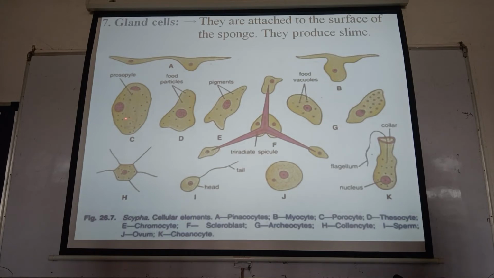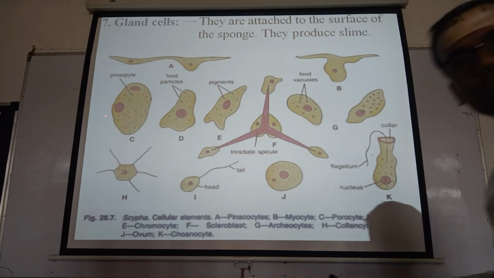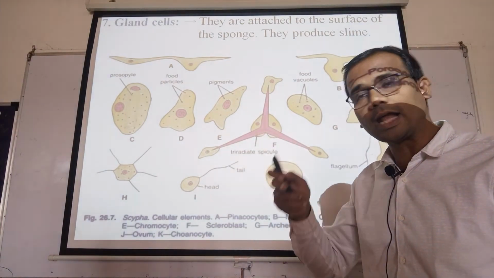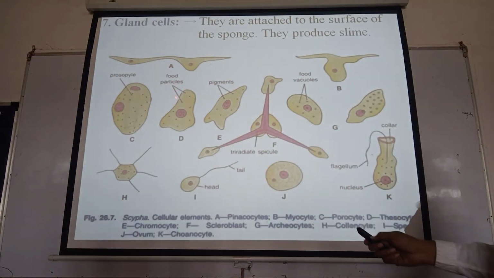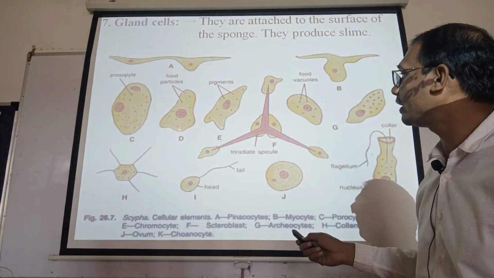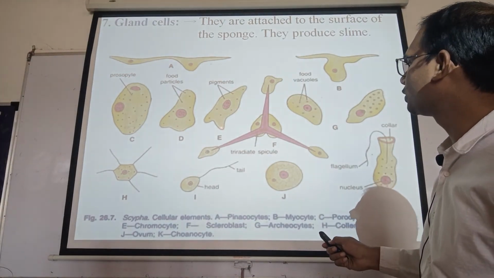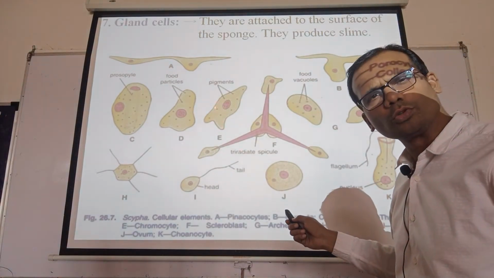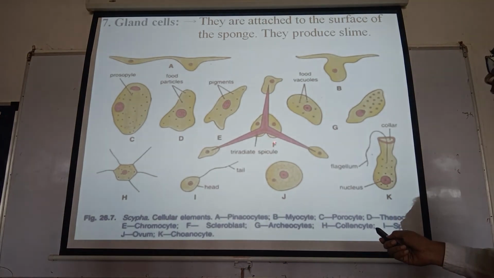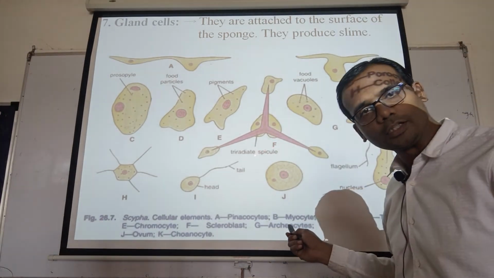Here, these are the porocyte cells, which form the prosopyles present between the incurrent canal and the radial canal. Then these are the thesocyte cells, which store the food particles. Then chromocyte cells, which give color to the body. Scleroblast cells, which give the spicules.